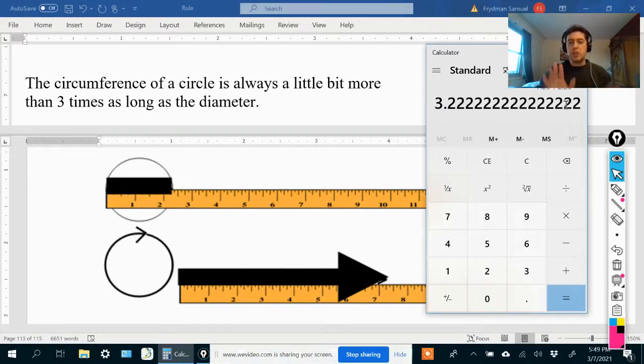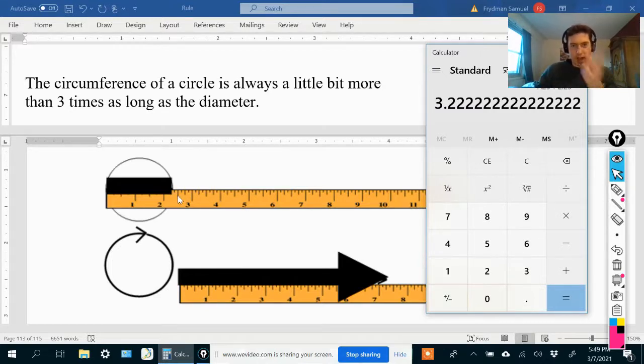Now I want you to keep 2 things in mind about what we just did here. Number 1, this circle that I drew, and then I drew it again over here, is not a perfect circle. And number 2, I didn't really do a very good job of measuring that. This little ruler picture that I have over here, I don't know exactly how accurate it is.